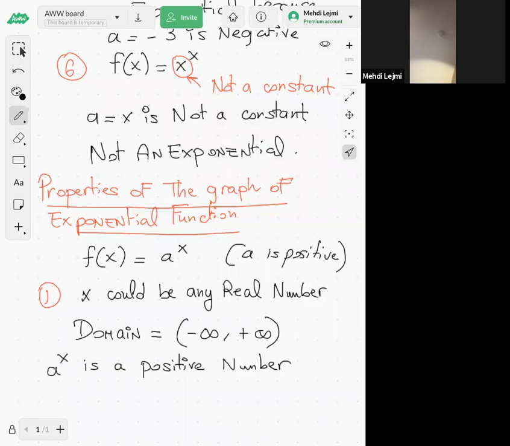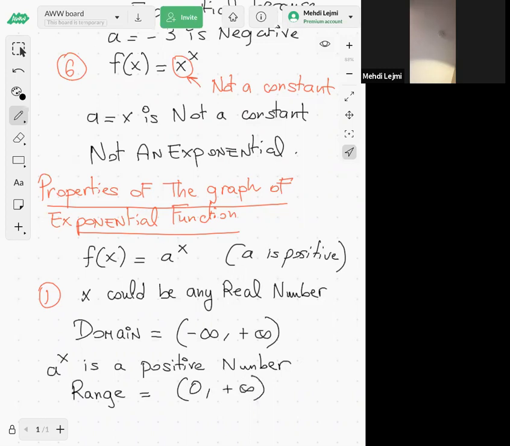And actually it cannot be equal to 0 because a is positive, a is not 0. So a to the power x is a positive number. So that means that the range would be 0 excluded, positive infinity.